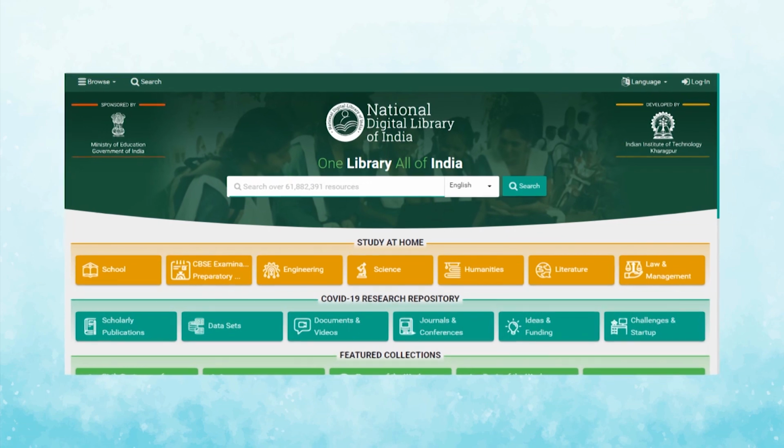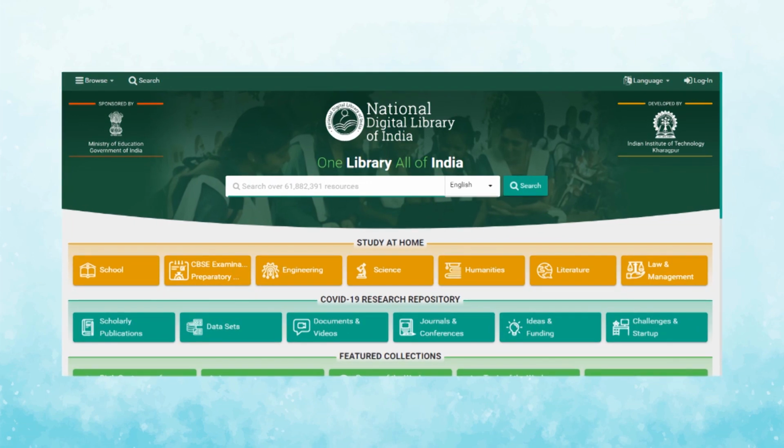Before we talk of these documentation centers, what we have discussed about libraries here, you would see that there is an example of the National Digital Library of India, which shows how a library is acting as an information institution.